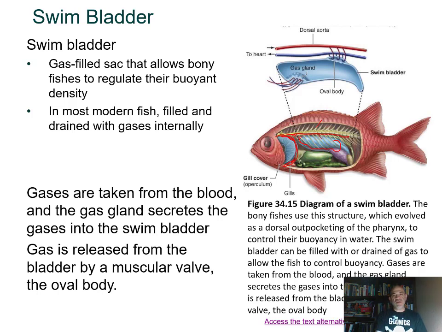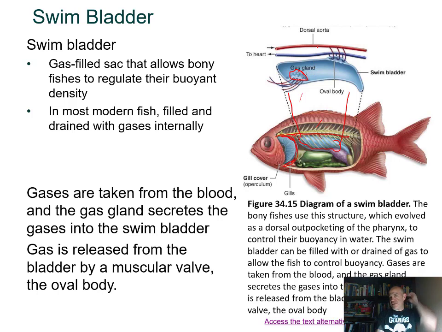Now, if we look here at what the swim bladder looks like, there's a gas gland right there, and all the gas that fills that swim bladder comes from gases that are in the blood. Our blood is carrying oxygen, carbon dioxide, and nitrogen gas. And so when the blood vessels go to that gas gland, it is able to extract gas from there and fill the bladder.